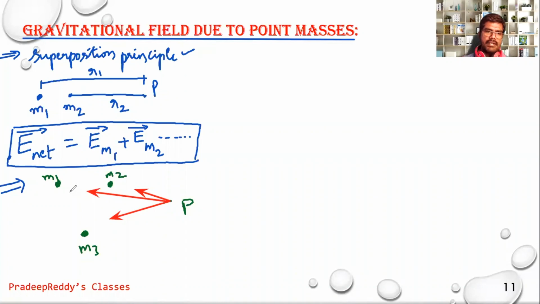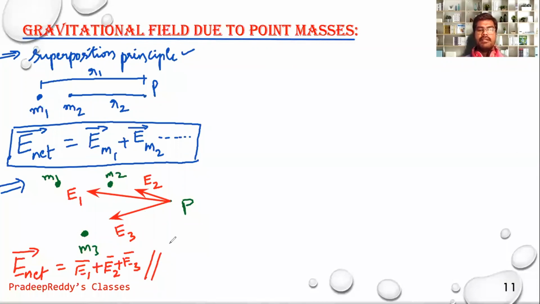So I can write the gravitational field due to the first mass as E1, due to the second mass, and due to mass 3, that is E3. So how do you write E net? E net is the vector sum, E1 bar plus E2 bar plus E3 bar. This is how you can calculate the gravitational field due to as many masses as you like.